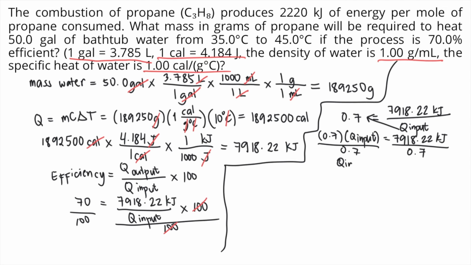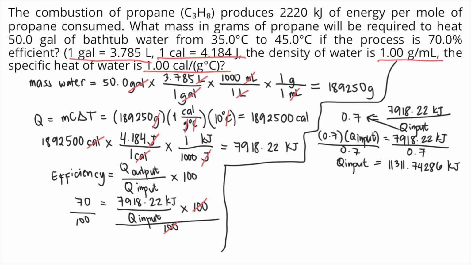So Q input, if you solve this in your calculator, is equal to 11311.74286 kilojoules. So this is your Q input.